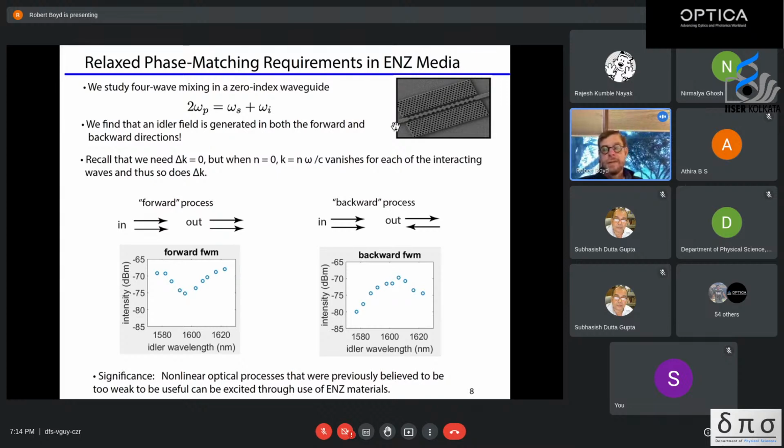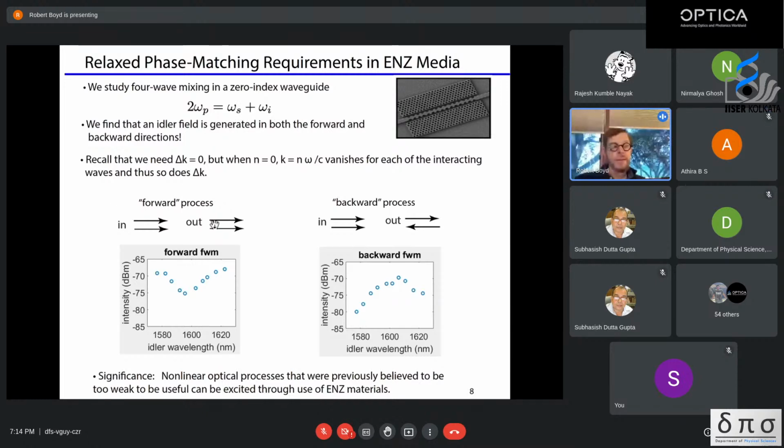It's a waveguide geometry, and epsilon near zero is obtained by having this honeycomb metamaterial structure. And we studied the process of four-wave mixing, in which two pump photons turn into a signal photon and an idler photon.